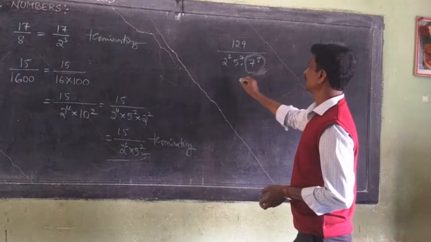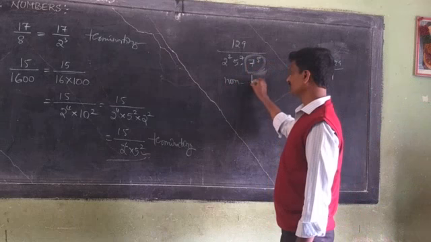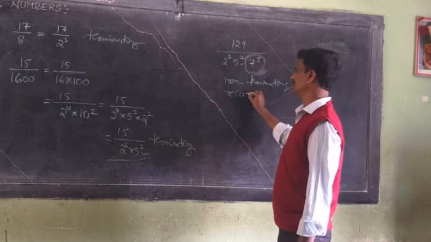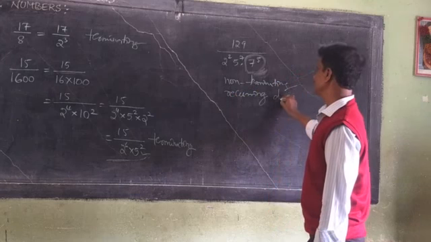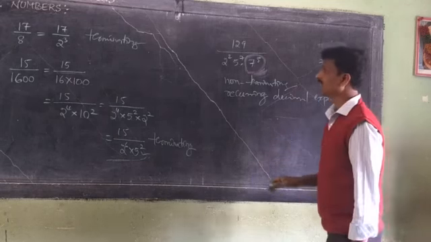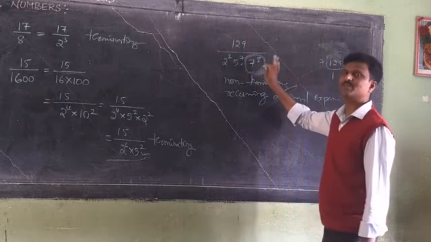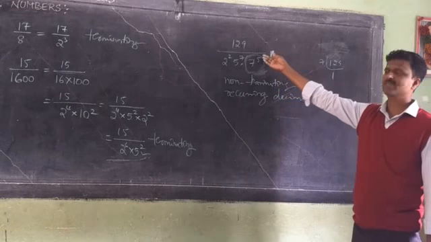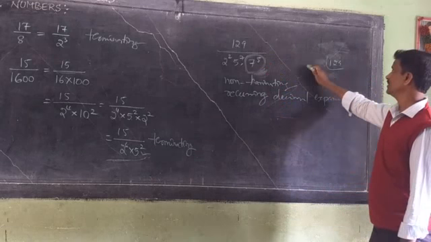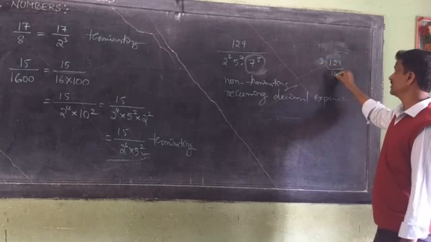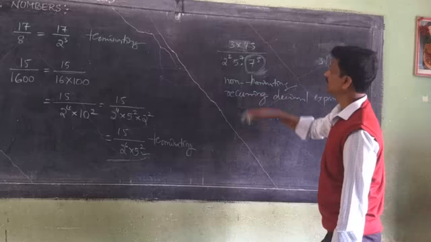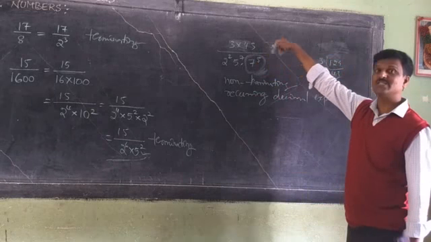Here this is a non-terminating recurring decimal expansion. Further simplification is not possible. 129 can be written as 3 into 43, and 7 does not cancel by these things.